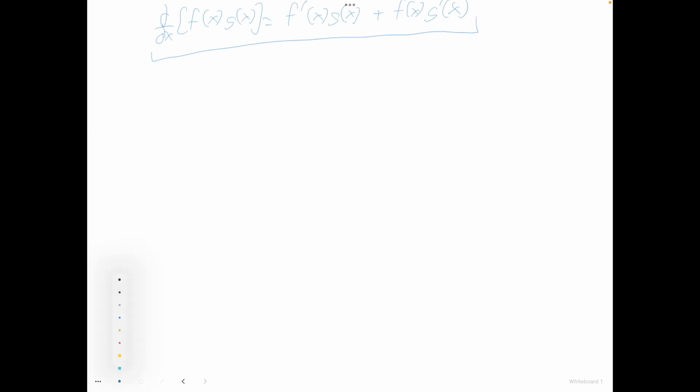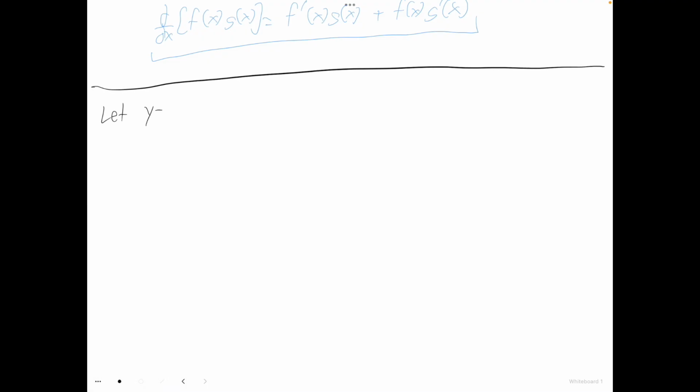So let's look at some examples now. And so we're going to let y equal x squared minus 2x plus 1 divided by x cubed plus 3. And we want to find dy over dx. So we want the derivative of this expression. So the derivative of y is going to be what we just found.